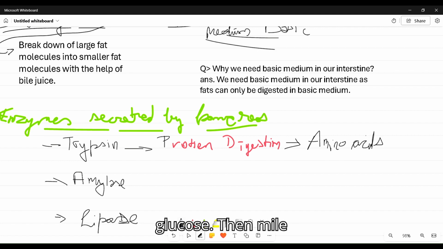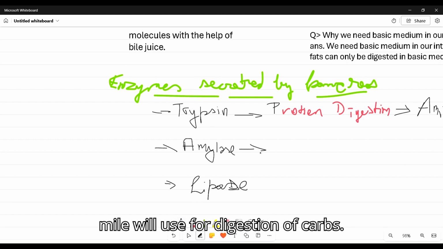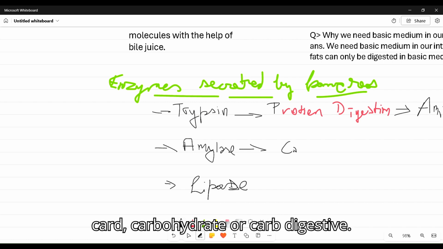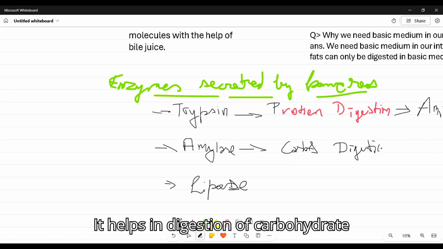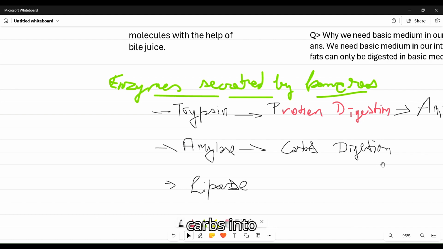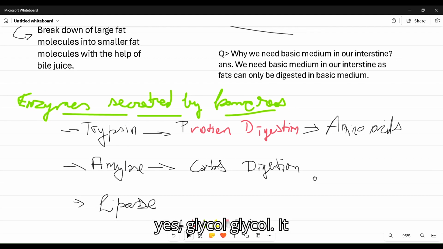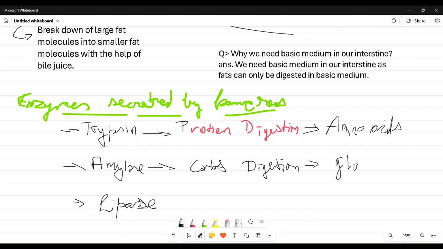Then amylase is used for digestion of carbohydrates, carbs. It converts carbohydrates into glucose.